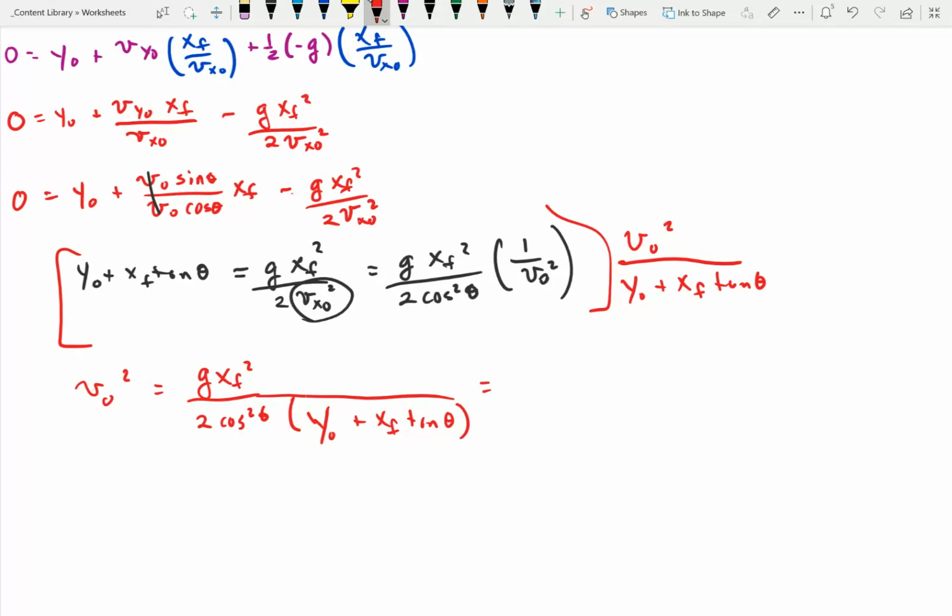For some reason, that is not giving me the answer that I got before. Let me look at what I wrote more carefully, because I am quite certain that I indeed have the same relationship. Yeah, it's the same.